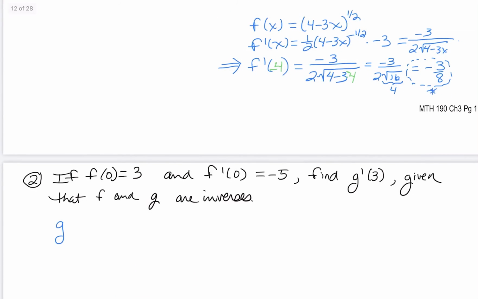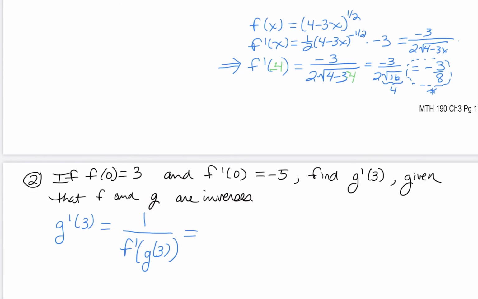If you were me, you'd write it as f inverse prime at 3, but I'm using more the book's notation. So this is going to be 1 over f prime of g of 3. So that's using more of the book's notation.